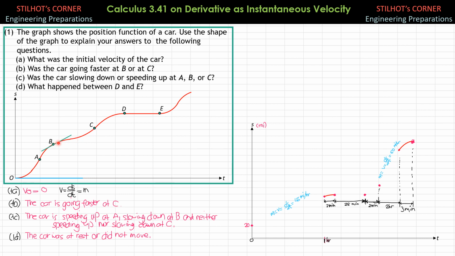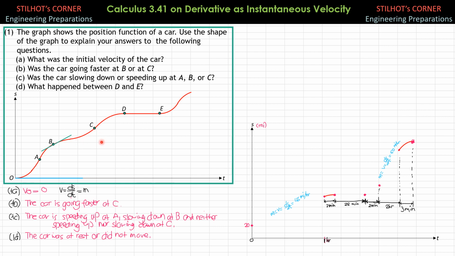This is the point where the velocity is lowest between B and C. And from here, the velocity increases, it's speeding up to C. So it means that the car is going faster at C.